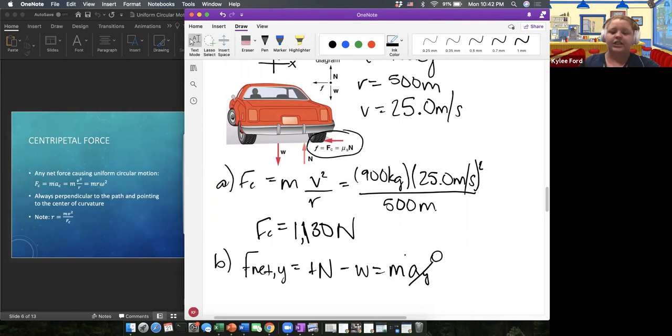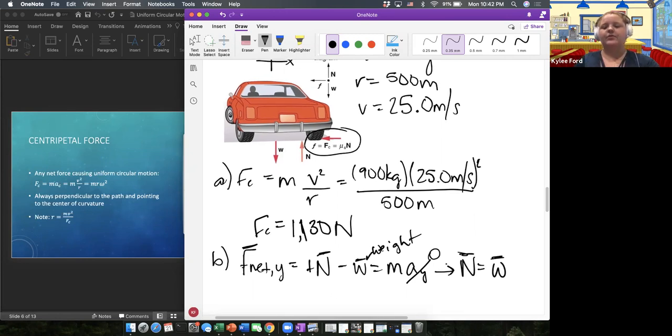There's no acceleration in that Y direction. So this tells me that my normal force is just my weight. I should say weight. Just want to make that clear. Maybe I'll put bars on this. This tells me that they're vectors.